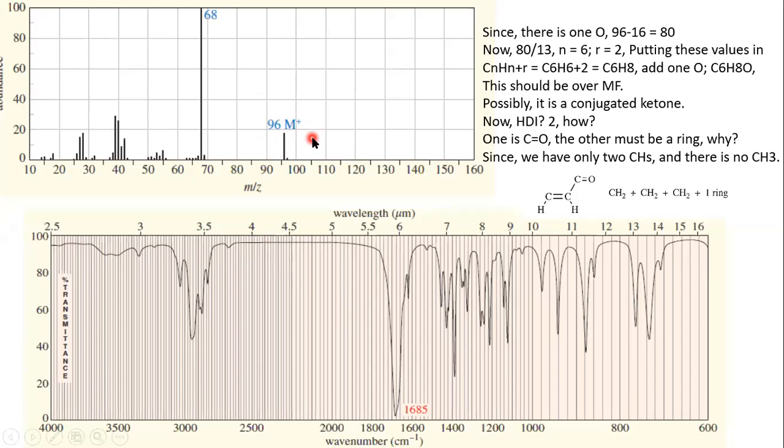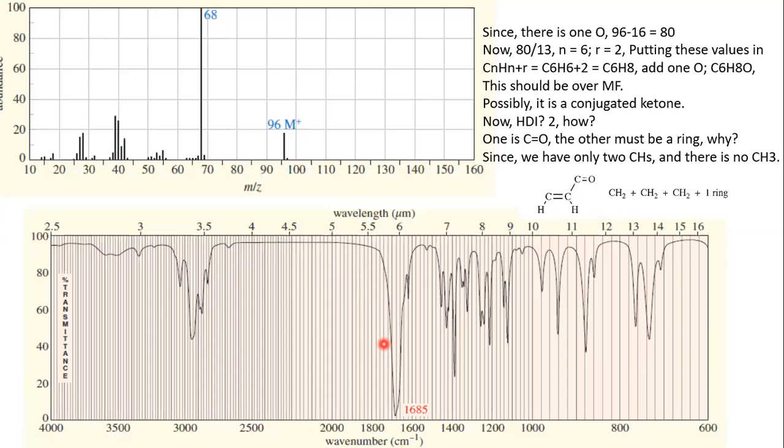Is it even or odd? It is even. So most probably there is no nitrogen. Of course, there is no odd number of nitrogens, but the chances of an even number are there. But because it is comparatively a small molecule, we do not expect a nitrogen here. So one possibility is that this molecule does not have a nitrogen, so this carbonyl is not an amide.